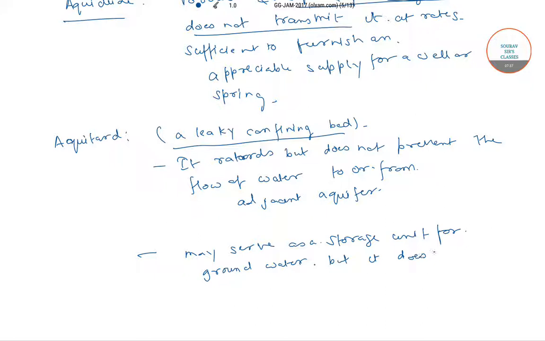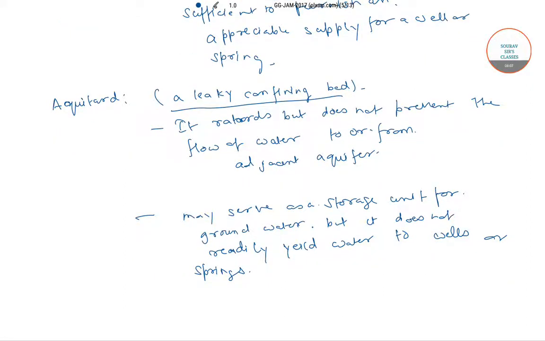So aquitards are considered leaky confining beds because they retard but do not prevent the flow of water to or from the adjacent aquifer. Even though it may serve as a storage unit for groundwater, it will not readily yield water to wells or springs.